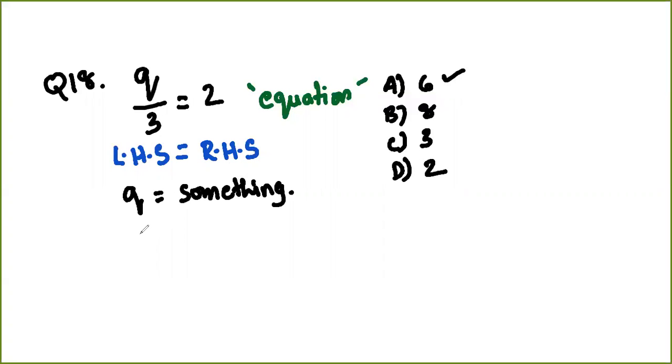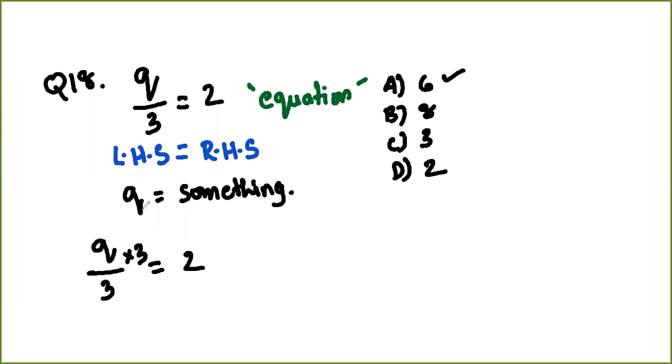So I have to follow mathematical logic to make q is equal to something. So how do I do that? So q divided by 3 is equal to 2. This is the statement I have. So what I can do is multiply this side by 3. Why is that? Because I make use of the identity: 3 divided by 3 will be equal to 1. So that leaves q on this side of the equation.